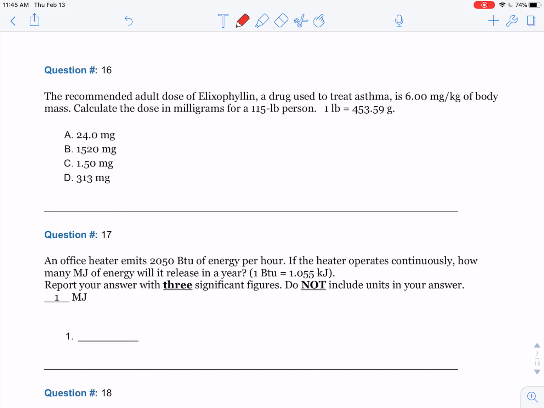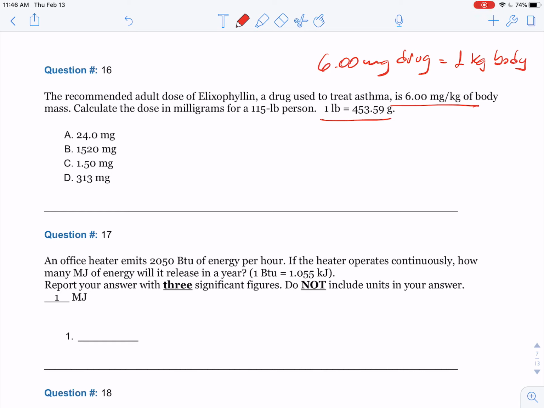Okay, how do you extract information out of this? You have 1 pound equals this many grams. You have this. If we transform this, 6 milligrams of drug are equal to 1 kilogram of body. They are units of mass, but they don't cancel each other because they are referring to different things. So that's what the conversion factor actually tells you.